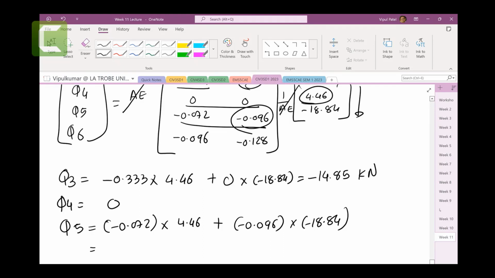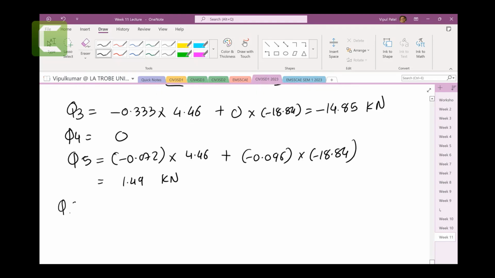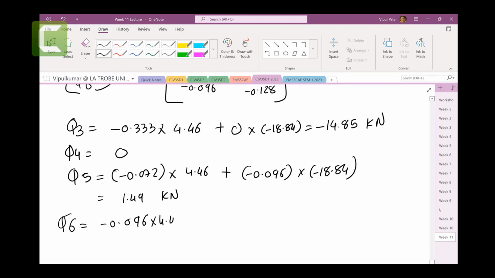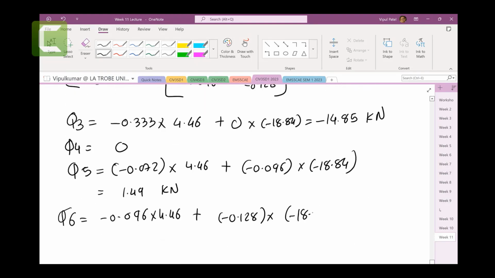So minus 0.072 times 4.46 plus 0.096 times 18.84, you get 1.49 kilonewtons positive. And last one, Q6 is equal to minus 0.096 times 4.46 plus minus 0.128 times minus 18.84.